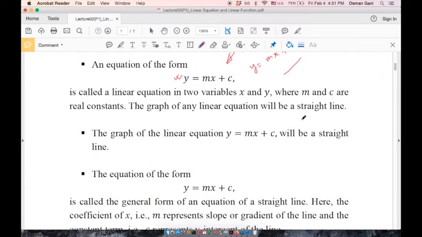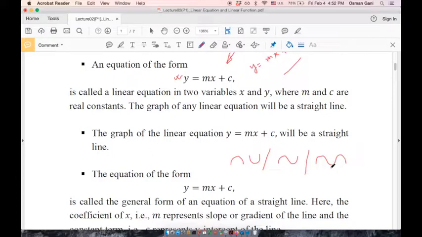However, if you graph a quadratic equation, then it will be either concave down or concave up for an equation having degree 2. And if you graph a cubic equation, then it will be like this. If you graph a biquadratic equation or fourth degree equation, then the graph will be like this.